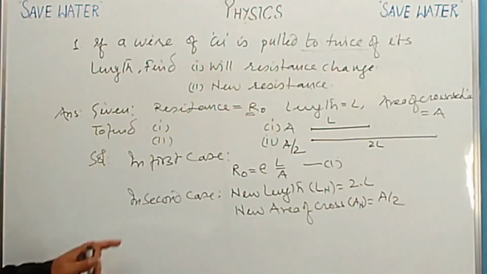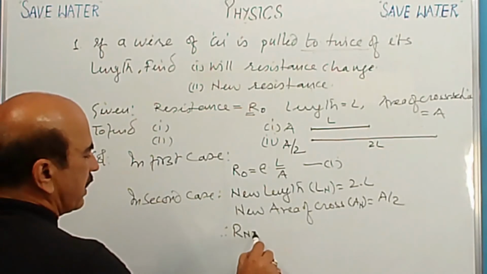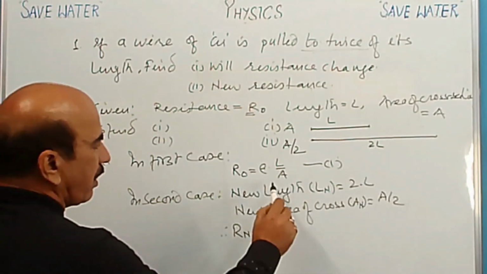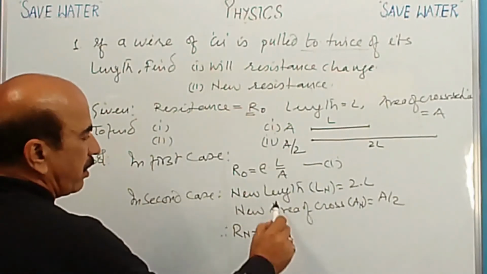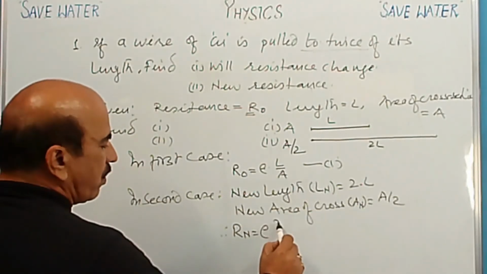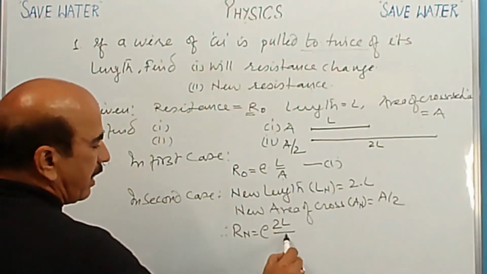Now we put these values in the formula. Therefore new resistance will be rho, the resistivity remains the same because it is the same wire, new length 2L, and in place of A we put A by 2.